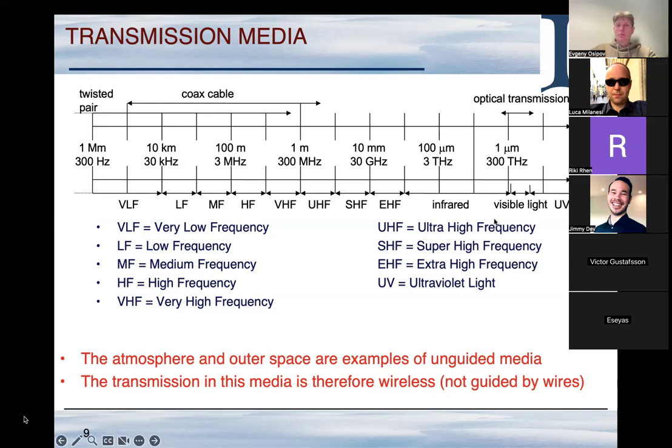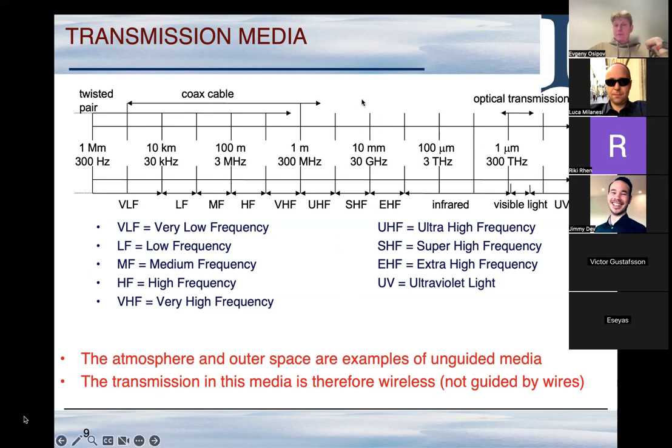For example, wireless communication, so Wi-Fi networks and our mobile phones, operate in the ultra high frequency range. So here in the order of, I don't know, 5 to several tens of gigahertz.